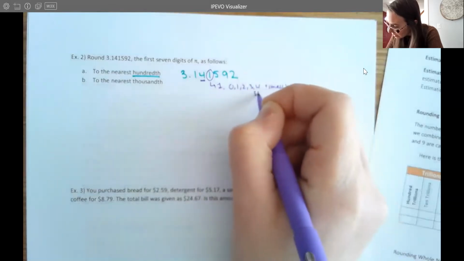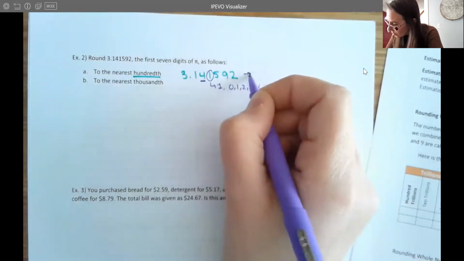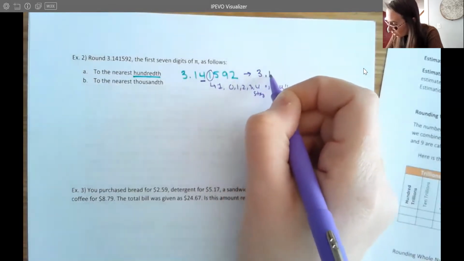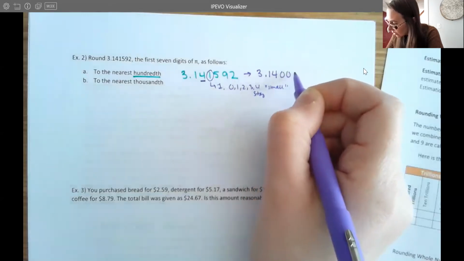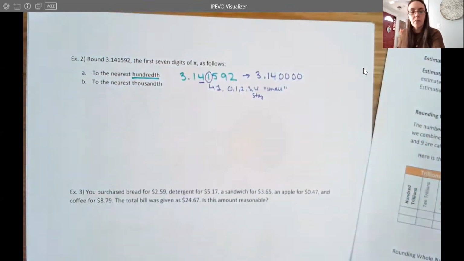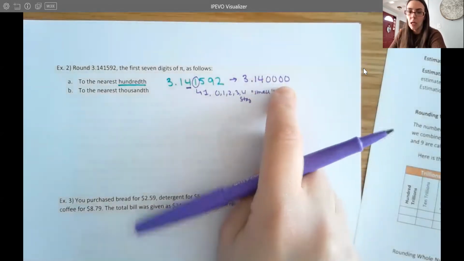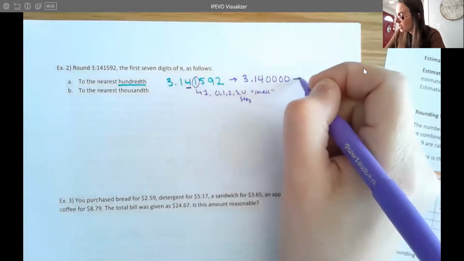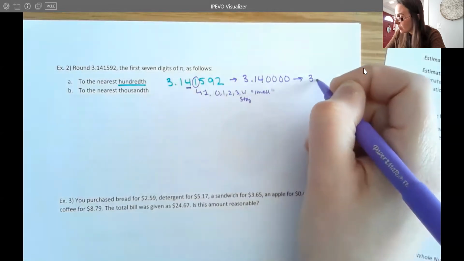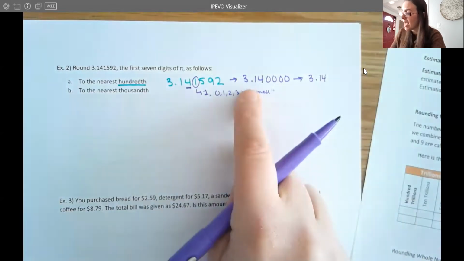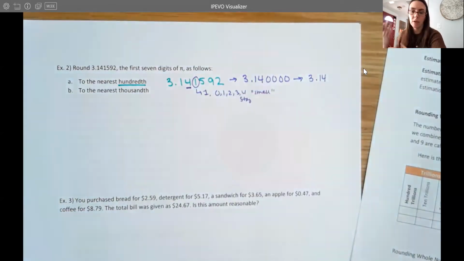So small means stay. So this is going to become 3.140000. Now, when we're dealing with decimals, if it's after the decimal point on the end, we actually don't need all these extra zeros. When it's before the decimal, you do need them, because they're holding those place values. But after a decimal, extra zeros on the end are just extra zeros. So you can drop them and just use 3.14.